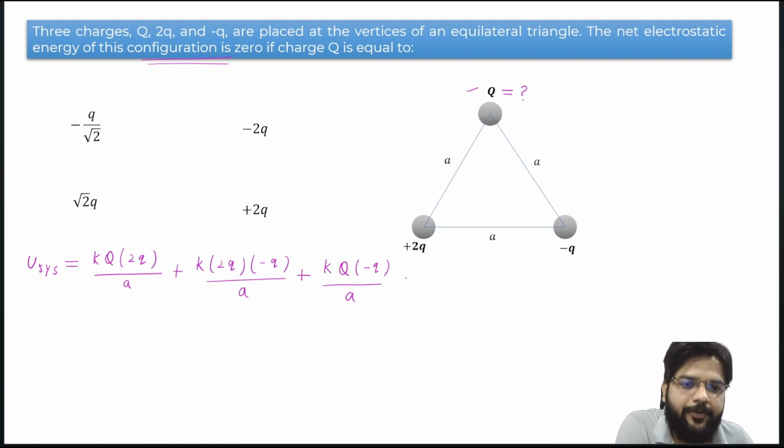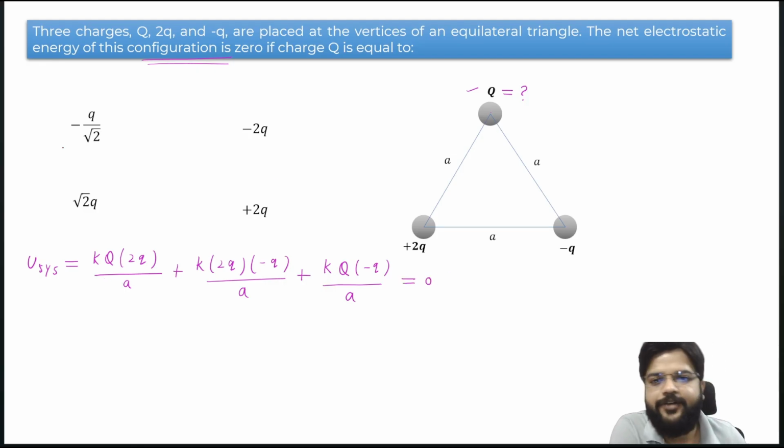Here we want 0, everyone, so put it equal to 0. Now simplify this and see what you get. The system potential energy is required to be 0 here.